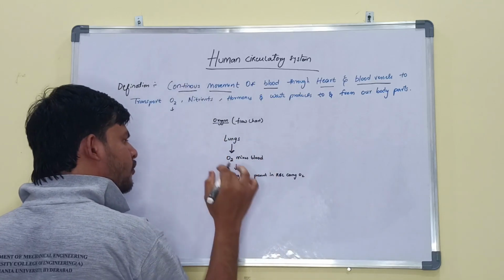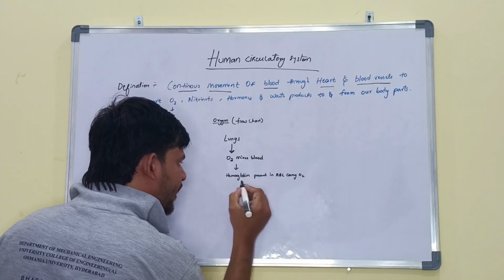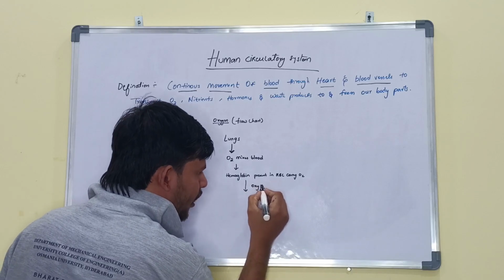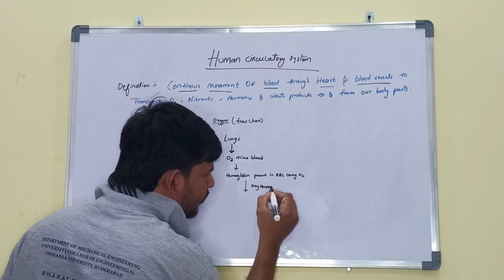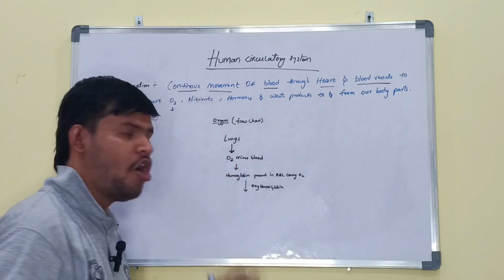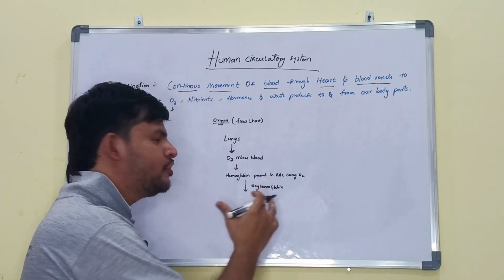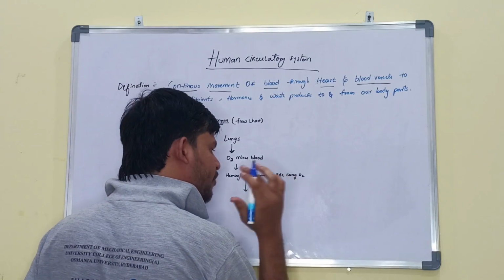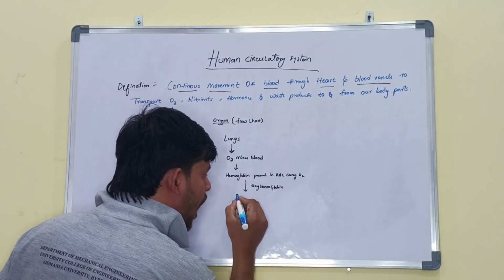When it mixes with hemoglobin, it will convert into oxyhemoglobin. That means oxyhemoglobin means oxygen rich blood. This oxyhemoglobin then transfers to heart.